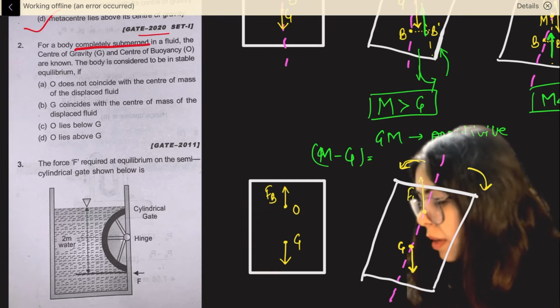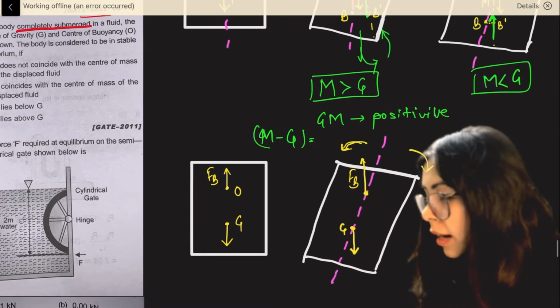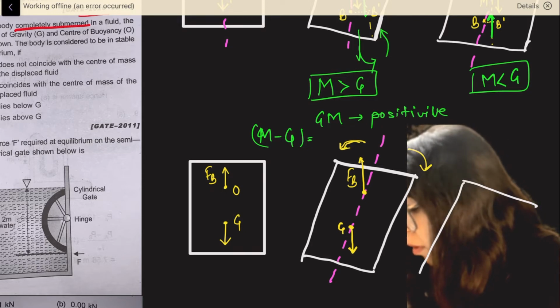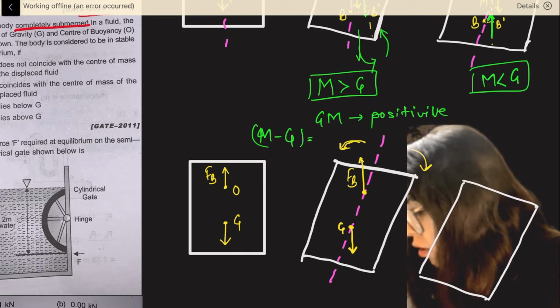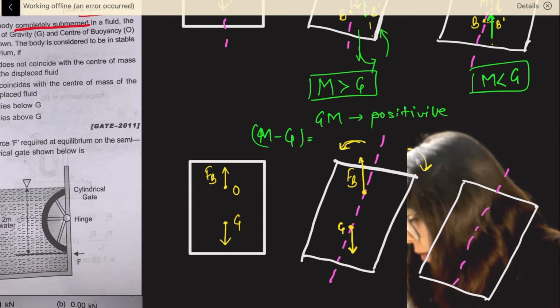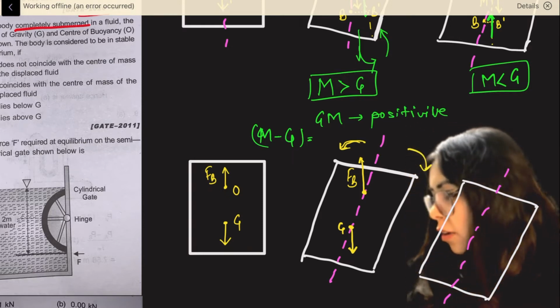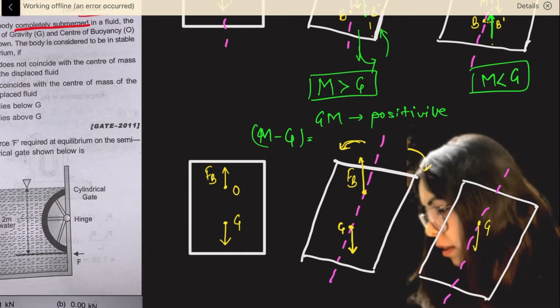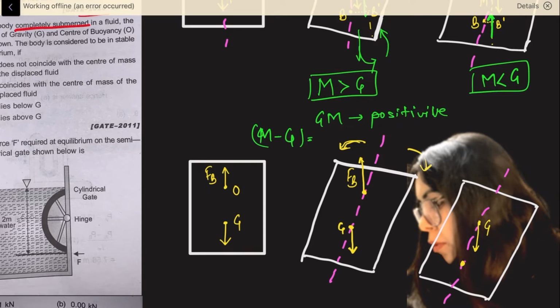This is FB. On the other hand, if the center of buoyancy lies below the center of gravity, let's say this is the center of gravity and this is the center of buoyancy, FB works like this.